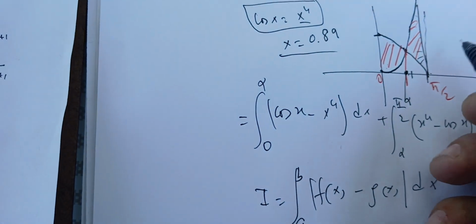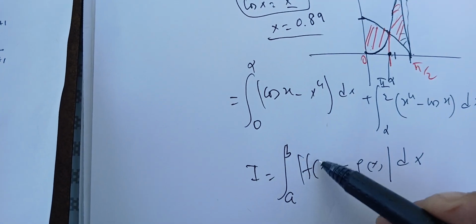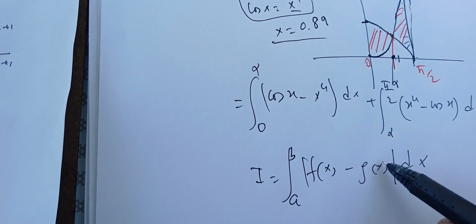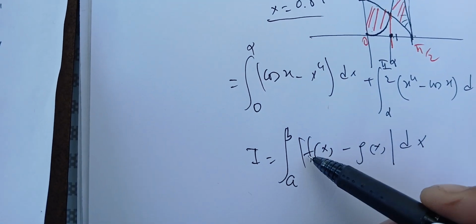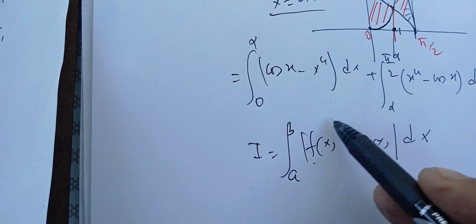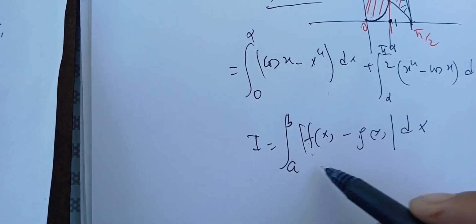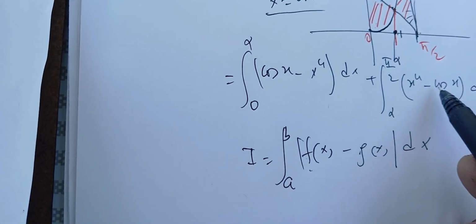Between 0 and alpha, f of x, which is the cosine, is on top of g of x, which is x to the power 4. So this one is positive between 0 and alpha. Between alpha and pi over 2, this is negative. That's why you have a minus, and that's why we switch to x to the power 4 minus cosine x.